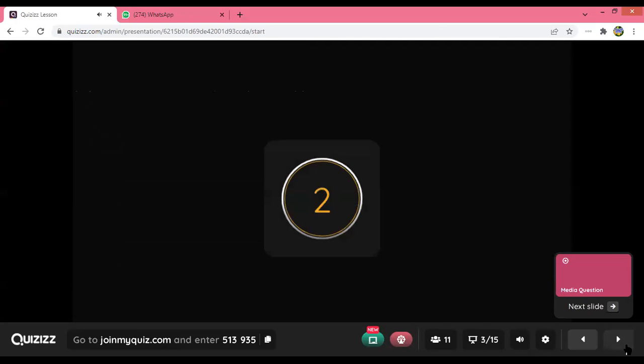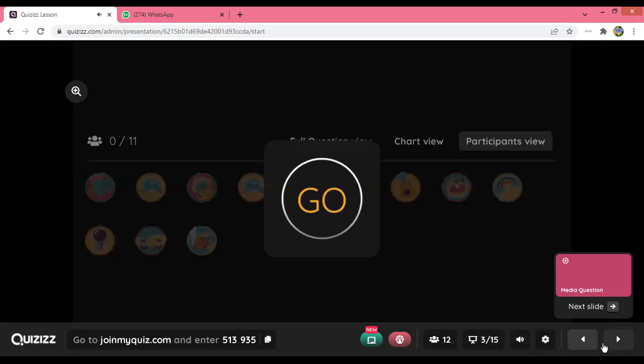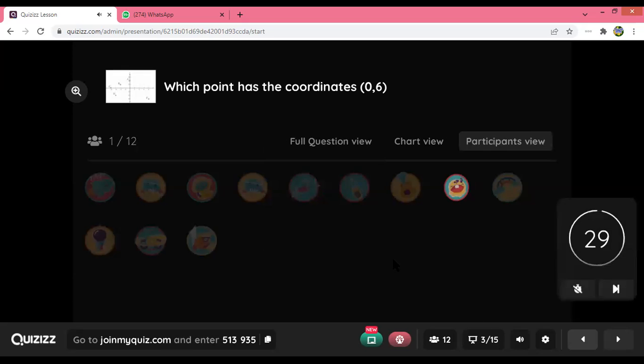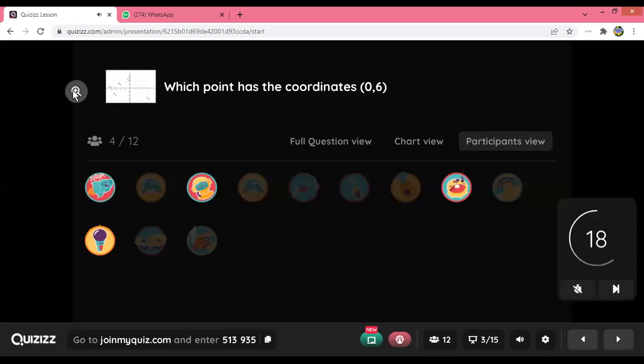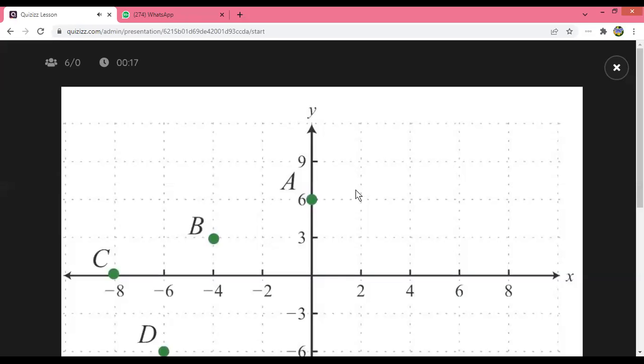Well done, all of you doing great. Those who have still not joined can still join the quiz. The link is in the chat box. Click on the link, enter your name, and you can try out the quiz. Which point has the coordinate 0, 6? X is 0, Y is 6. Which is that point?